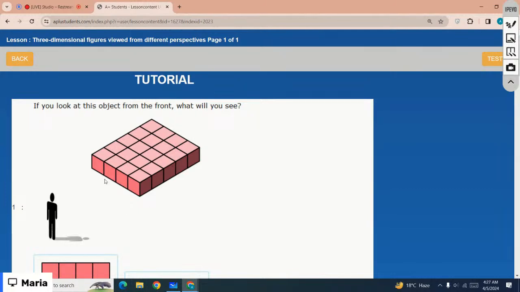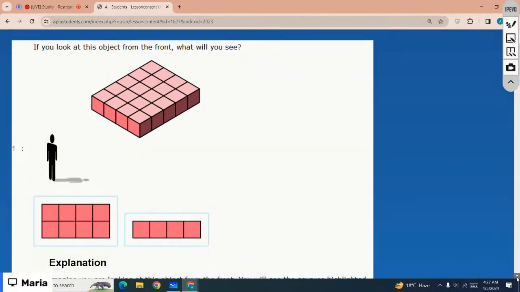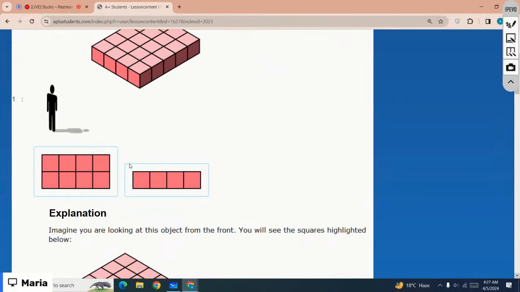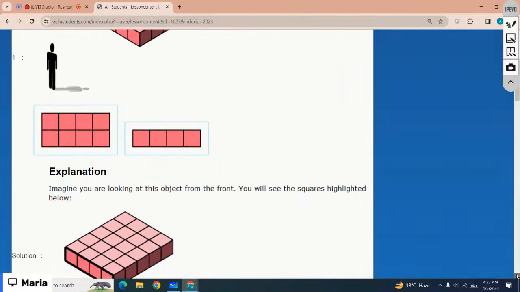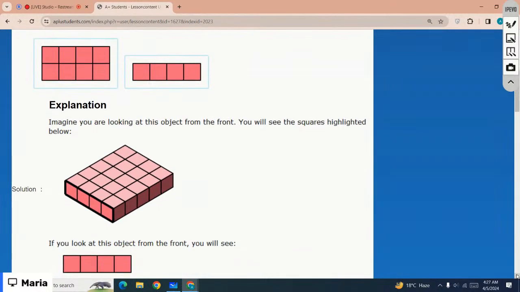So then you can see the one that is in front of you, the same side, right? You're given two options, this one or this one. So basically, imagine you are looking at this object from the front. You will see the squares highlighted below. Got it? So if you look at this object from the front, option number B is the correct option, right?